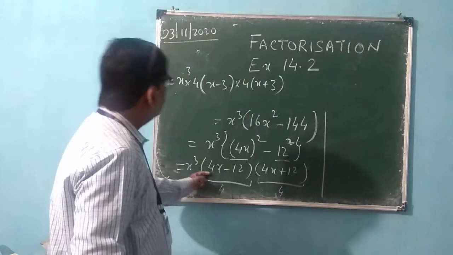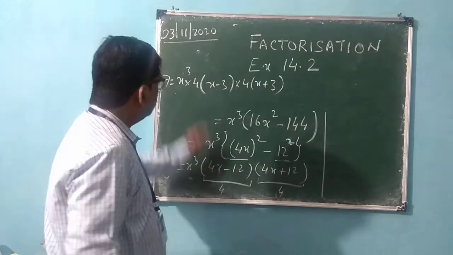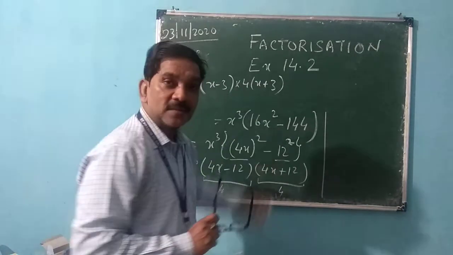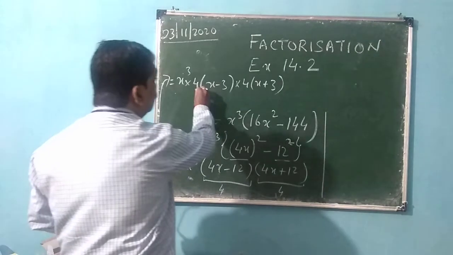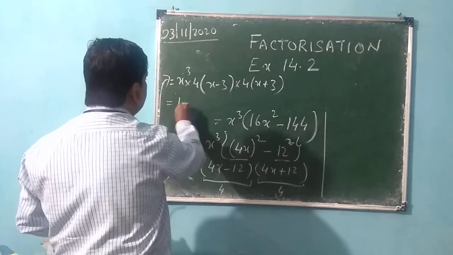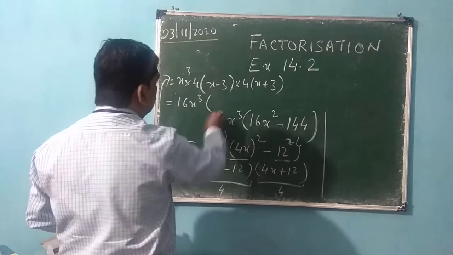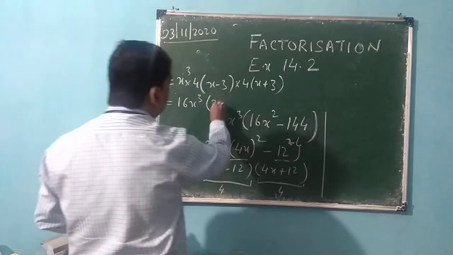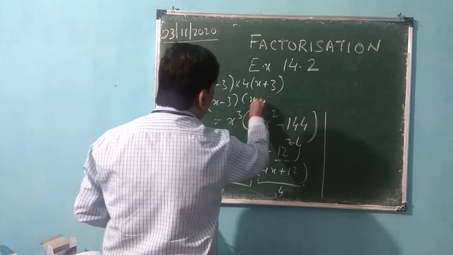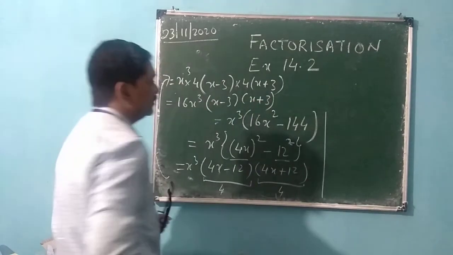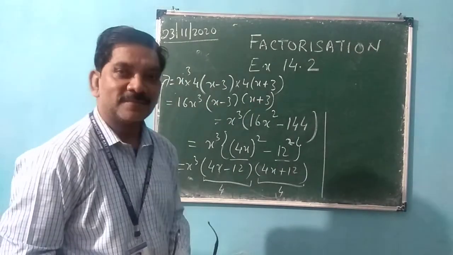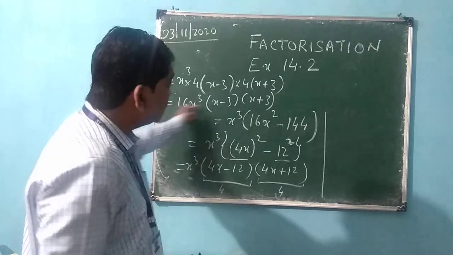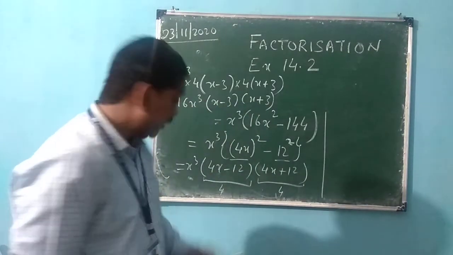Here 4 into x is 4x, 4 into 3 is 12. Similarly 4 into x is 4x, 4 into 3 is 12. Now this 4 into this 4 becomes 16x cube, in the brackets x minus 3, x plus 3. Clear? So this is factorized completely.